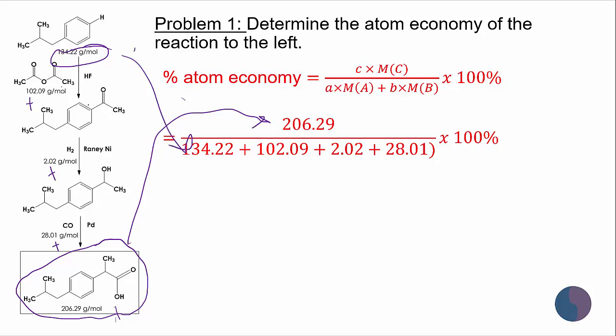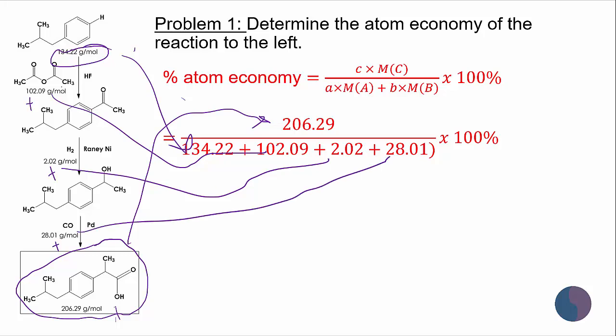There's the 134, the one, and this one over here, and this one over here, and this one over here. If that adds up to 206, then there were not any hidden byproducts coming off that weren't reported, and it doesn't. So this is not a fully explained equation. There's stuff in there that's coming out that we're not told about because the atom economy is not 100%. So 77% is the answer for that one.